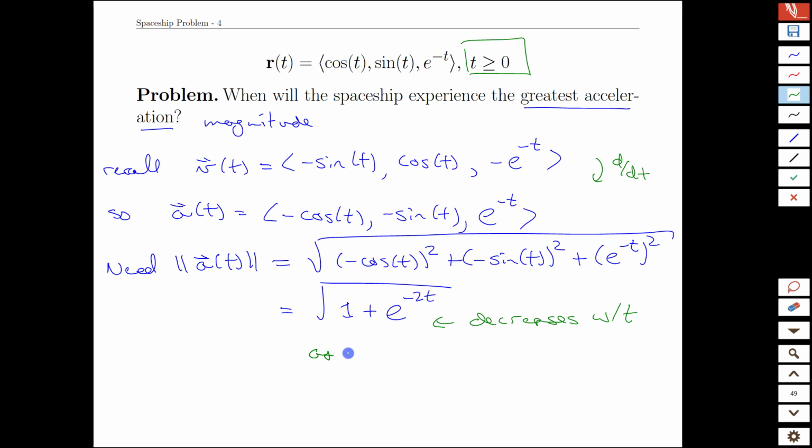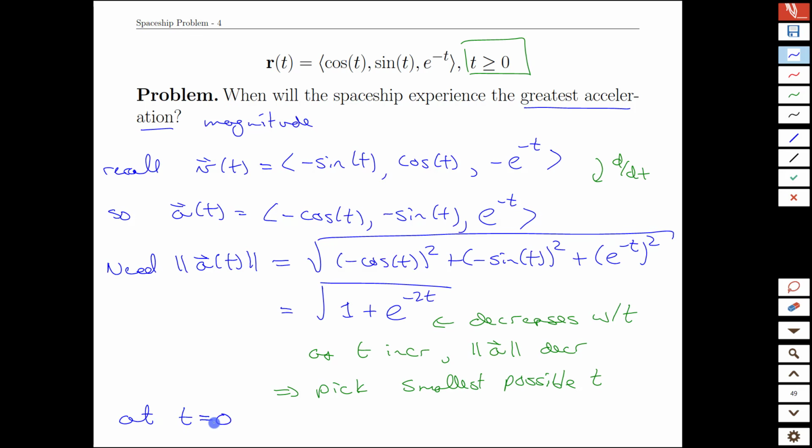So as t increases, this magnitude of acceleration is going to be 1 plus something that keeps getting smaller and smaller. And so that means we should pick the smallest possible t to maximize our acceleration. For our particular scenario, the smallest t that we can pick is 0, so we're going to get the largest acceleration at time 0.